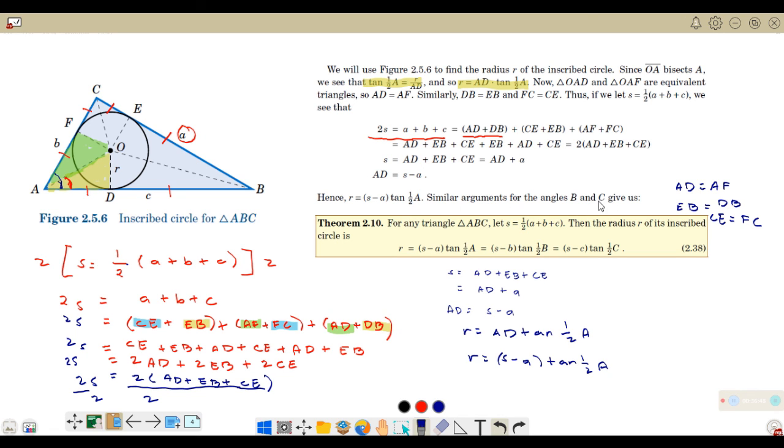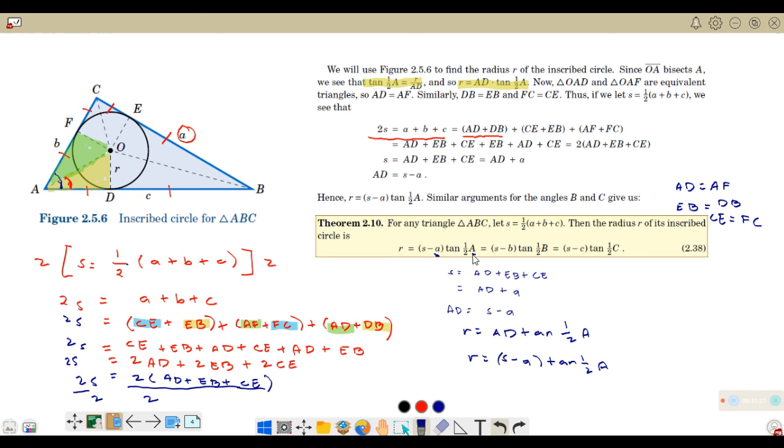Similar arguments for the angles B and C will give us, so the radius is equal to S minus A times tangent 1/2 A, which is also equal to S minus B tangent 1/2 B at saka S minus C tangent 1/2 C. So, may shortcut ba ulit para mabilis matandaan? Yes. So, for finding the measurement of the radius, difference siya ng S and one side, and then, whatever opposite dun sa side na ginamit mo, ito A, di ba A to?